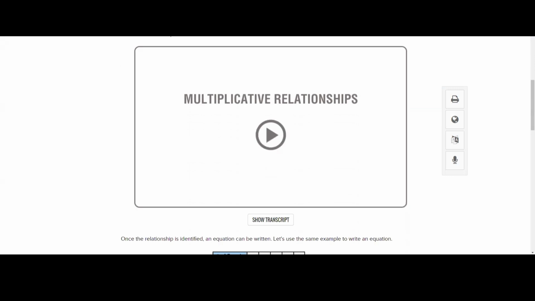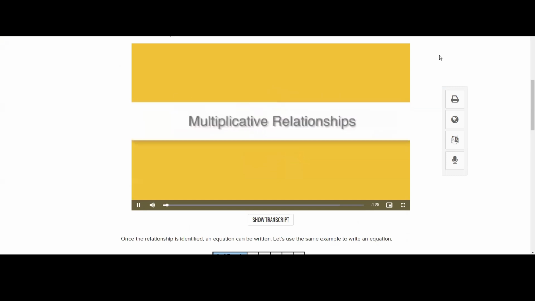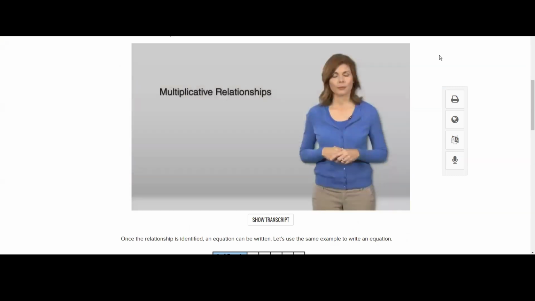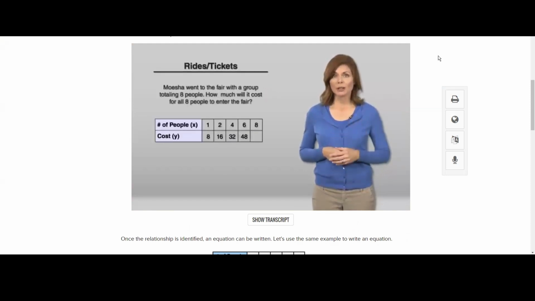Yes. So let us try to listen to this. Let's take a look at a multiplicative relationship in a table. Moesha went to the fair with a group totaling 8 people.